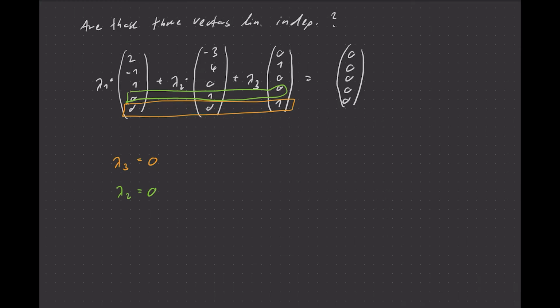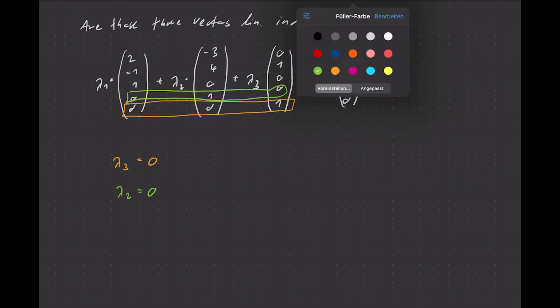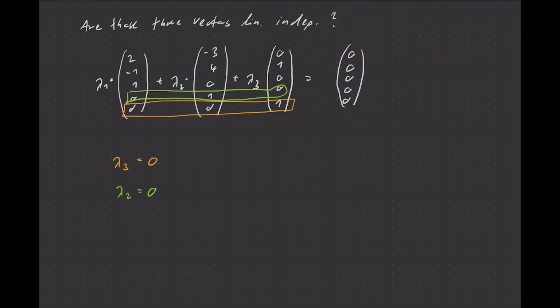Again, no other possibility. Of course, that also works for the middle row. That yields lambda 1 equals 0. So there's only one possible solution. All lambdas are 0. And that means the set of vectors here is linearly independent.